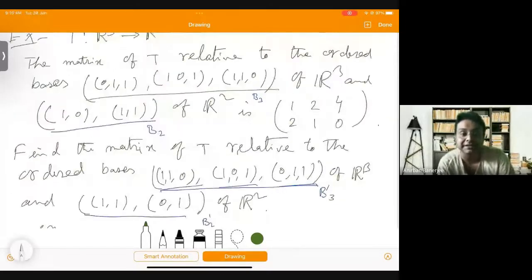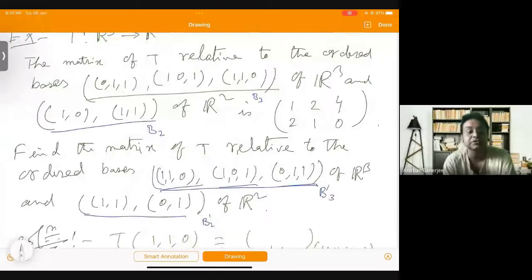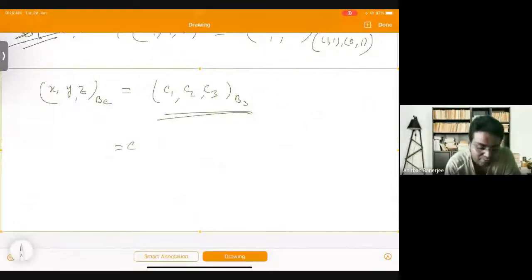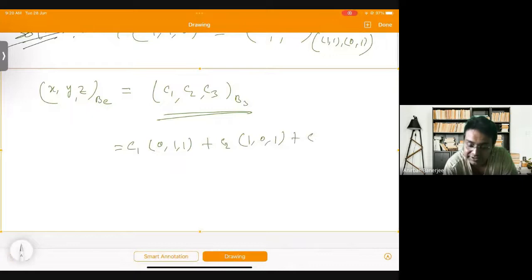Then there will be a chance to apply the transformation. So we have to express this as a linear combination of the basis vectors of B3. That means C1 times (0, 1, 1) plus C2 times (1, 0, 1) plus C3 times (1, 1, 0), right? And then we can apply this transformation.